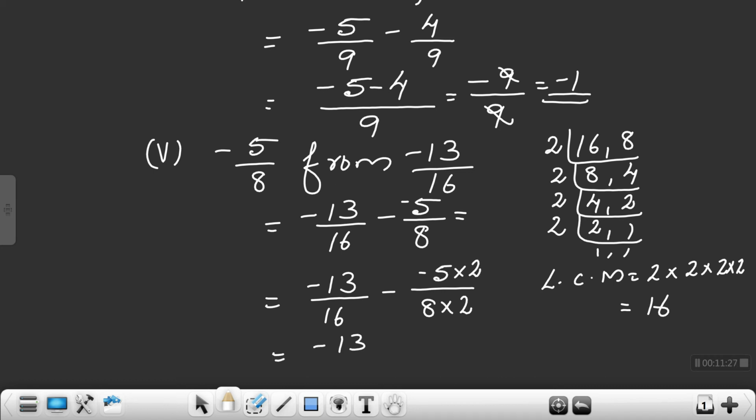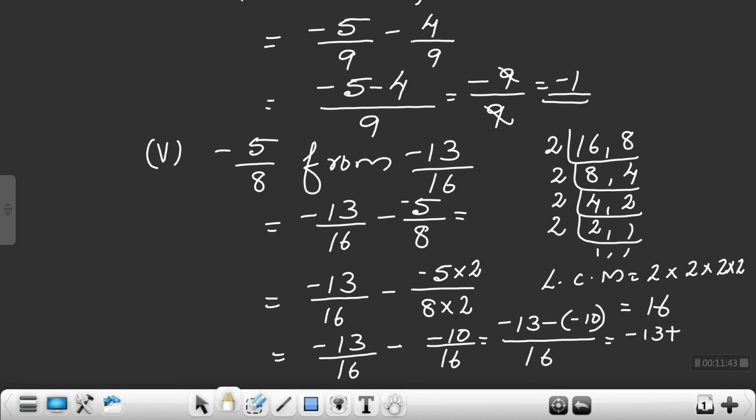That is negative 13 by 16 minus negative 10 by 16. Common denominator 16, numerator negative 13 minus negative 10, that is negative 13 plus 10 by 16.